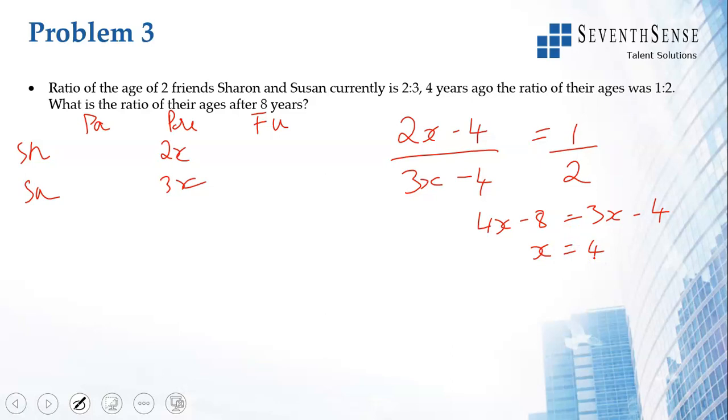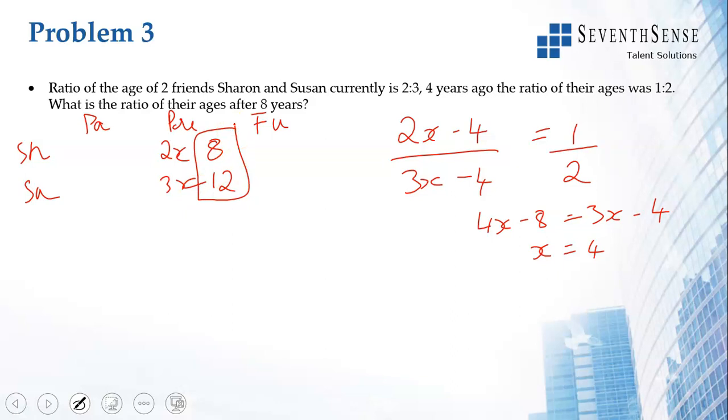So what is the ratio of their ages after 8 years? Sharon's age currently is 2 into 4, so Sharon's present age is 8. Susan's present age is 3 into 4, which is 12. That is their current ages respectively.